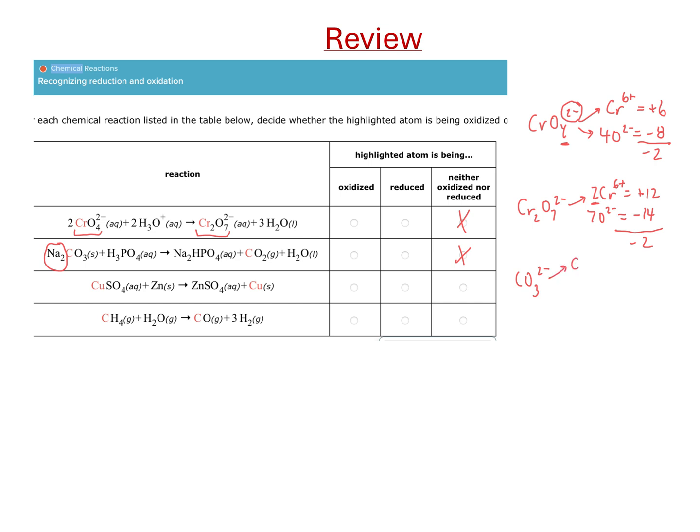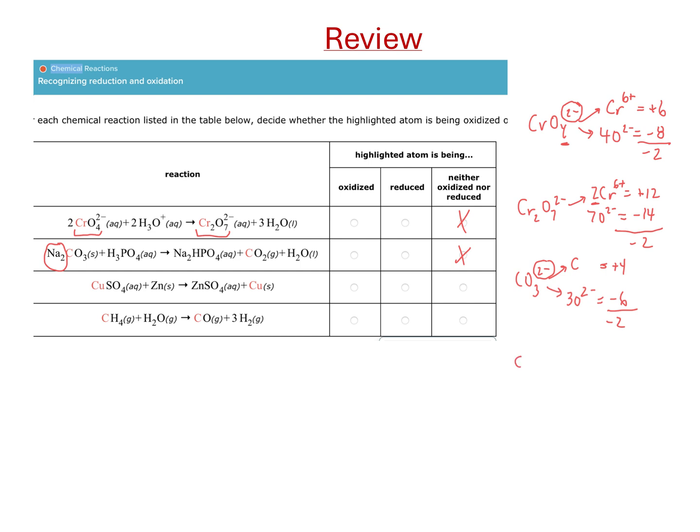This breaks down into carbon and 3 oxygens. Again, oxygen is always -2, so that's -6 from oxygen. The overall charge on carbonate is -2, so carbon in carbonate needs to be 4+.